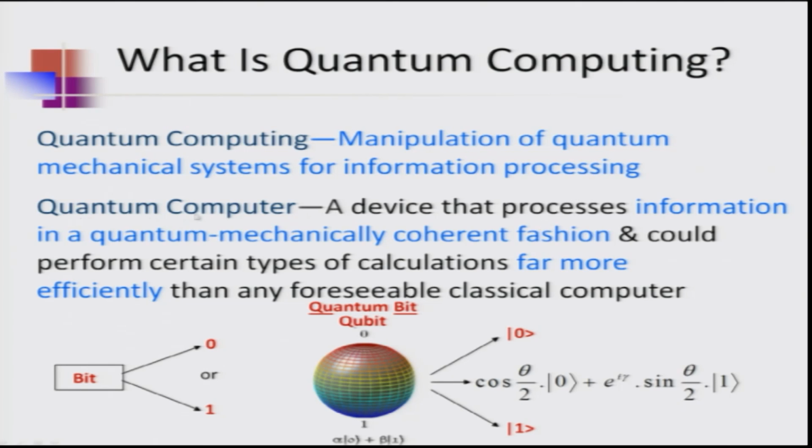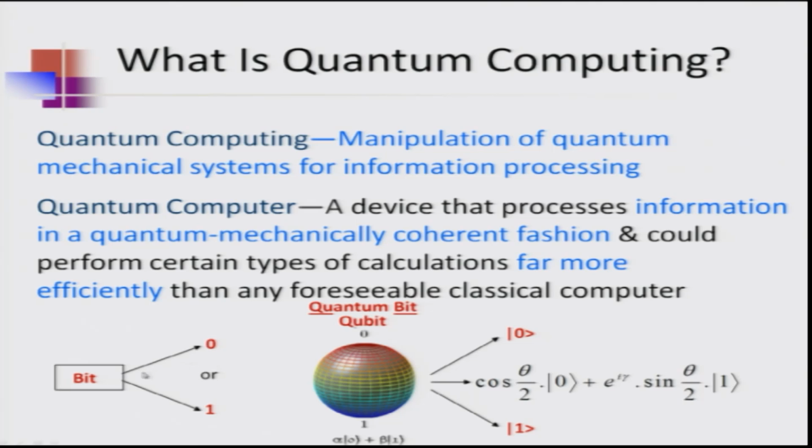And a quantum computer is a device that processes information in a quantum mechanically coherent fashion and could perform certain types of calculations far more efficiently than any foreseeable classical computer. Now, there is a caution, however, that it is not true universally for all types of calculations. So, therefore, it is specifically mentioned here certain types of calculations.